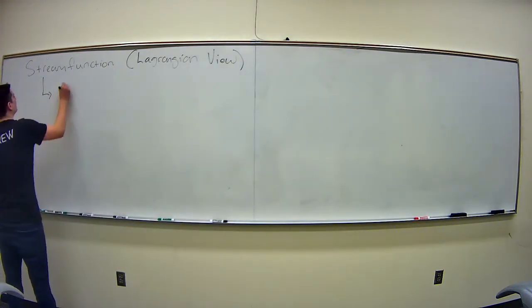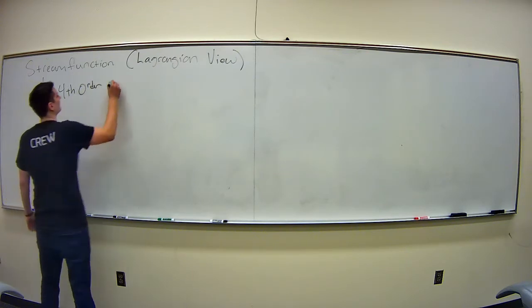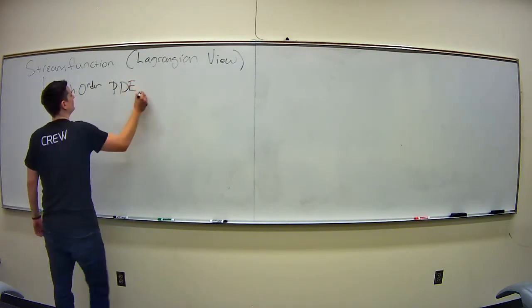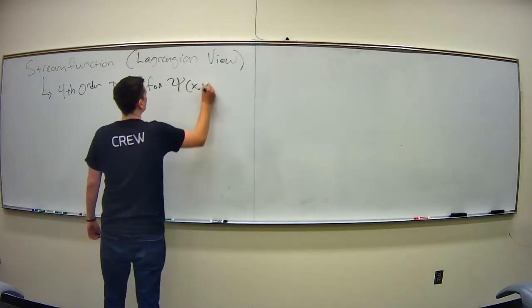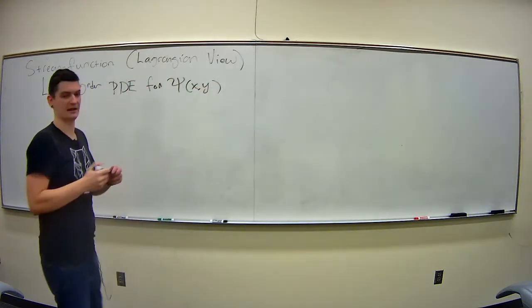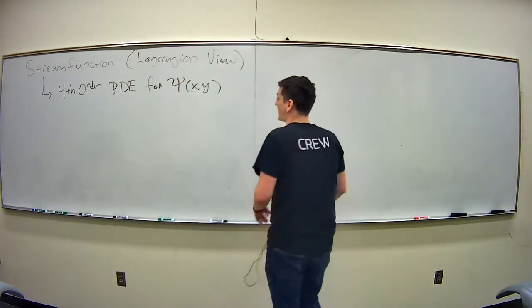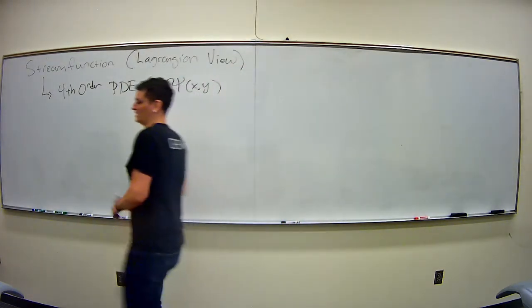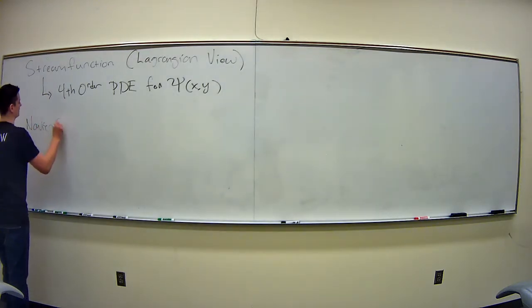You come up with a fourth order PDE for your psi. Essentially, we did that, and you have some kinematic conditions to get you there, right? Prior to this, you really have Navier-Stokes. I mean, these things talk to each other.